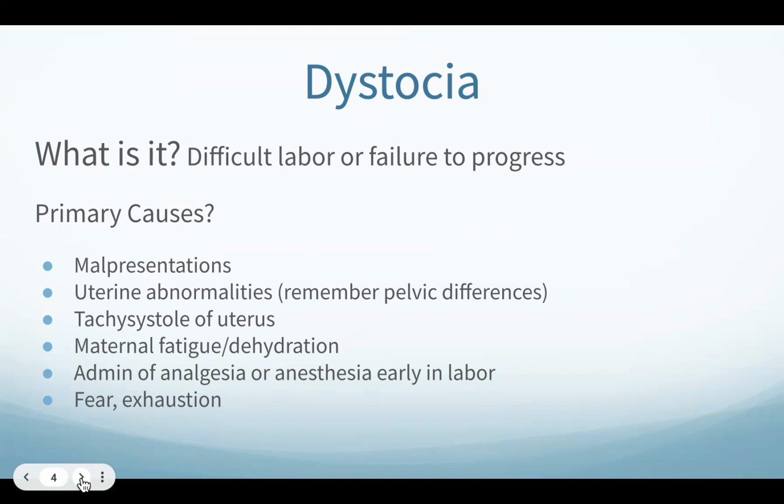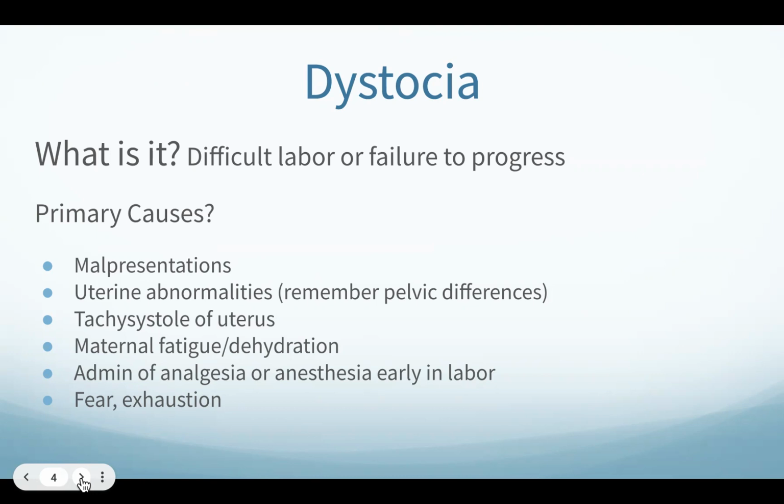So some of the causes of a dystocia, think about anatomically the different pelvic, uterine abnormalities. I was trying to say it in a different way there, but I told you not to get into all that. You don't need to know, like a tilted uterus and all that, but just know that everyone has different pelvic differences.